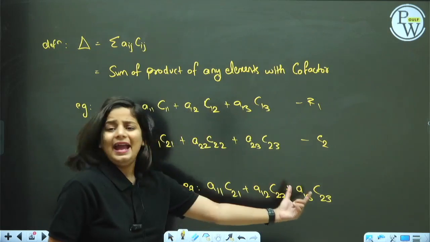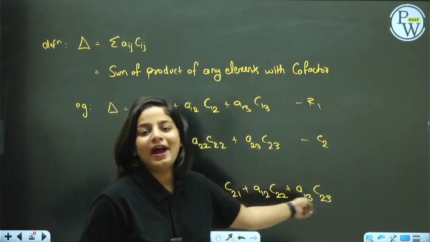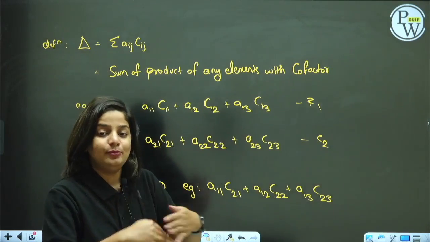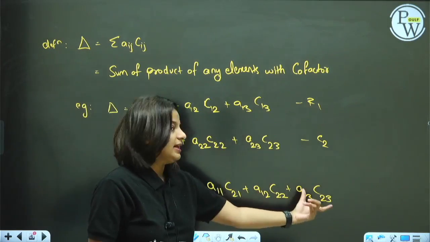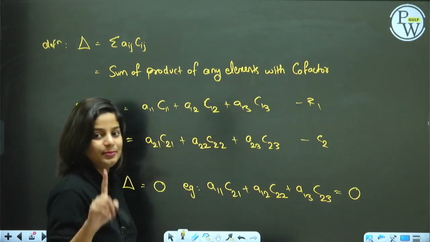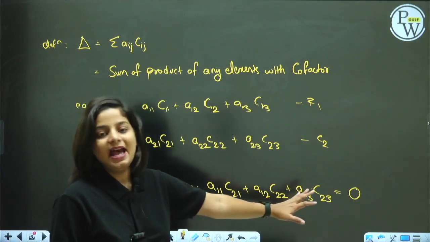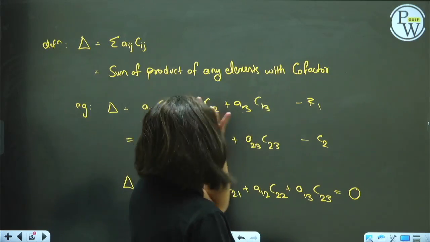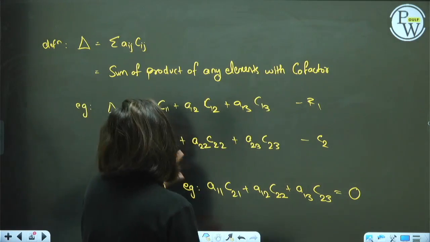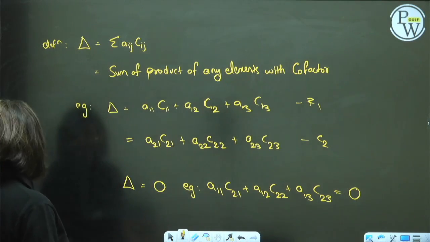Can you see the elements are of the first row, the cofactors are of the second row. So if the elements and cofactors are not of the same row or same column, then such an expansion will give me the answer 0 always. Please remember, I'll be writing this as a property towards the end of the session, in the summary also. Hope this definition part for a determinant is clear.